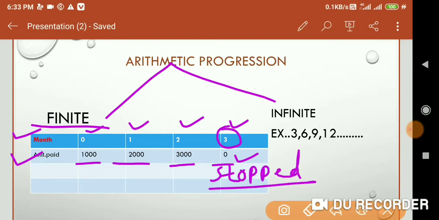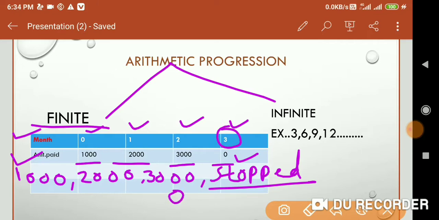That means the amount paid is written in a sequence. It becomes 1000, then 2000, then 3000, and in the last month the amount paid stops, therefore it is 0. That means it is countable. Countable means what?